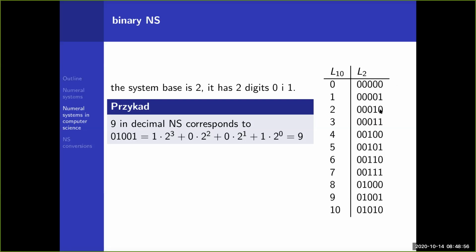Sometimes some of you may be confused because we can read it also as 10, but in fact it's 2. So how can we convert from the binary system into decimal, how can we calculate the real value of this number? Here you have an example.